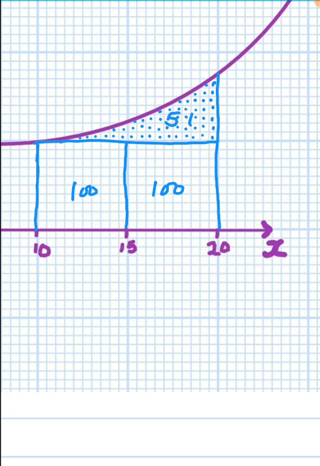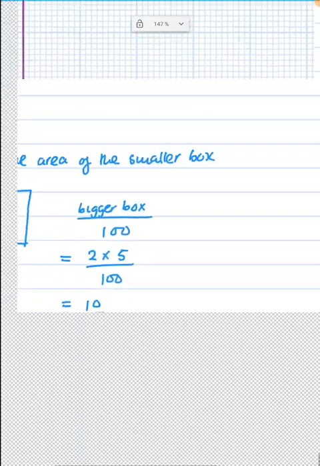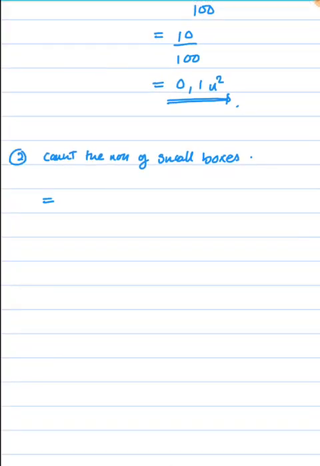To find the number of the smaller boxes, we add all of them: 100 plus 100 plus 51. So we therefore find that we have 251 small boxes.